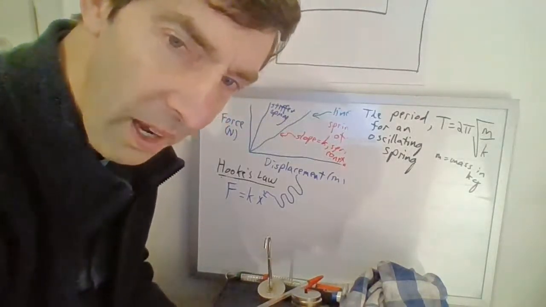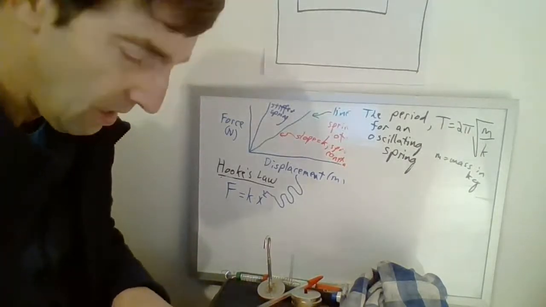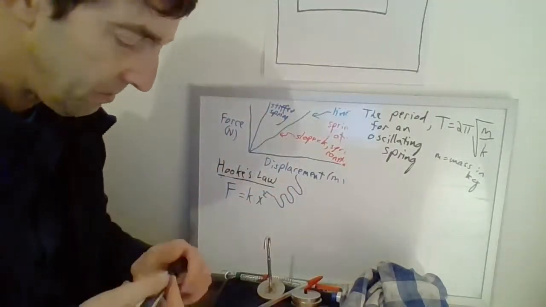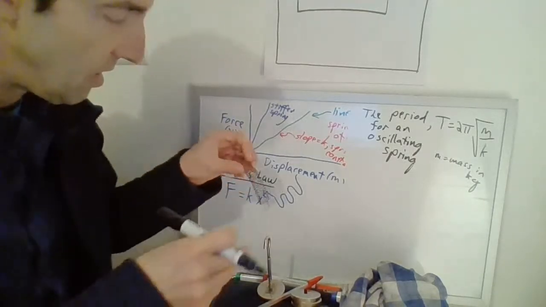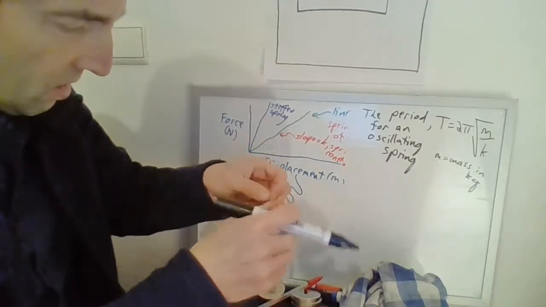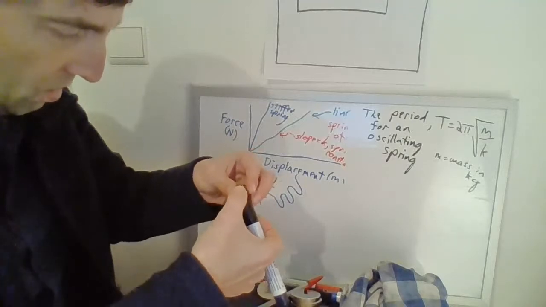What about that 2 pi? I want to show you something. I'm going to do something really goofy, and I'll do it with the back of this sheet. Can I attach this in here? I hope I can, because that's what I want to do.